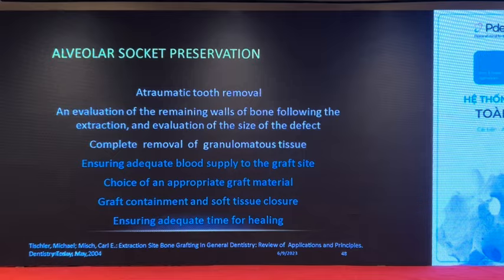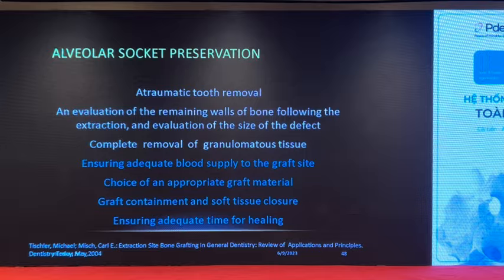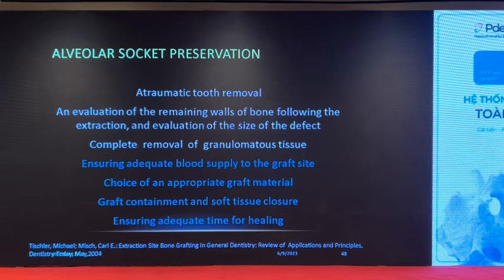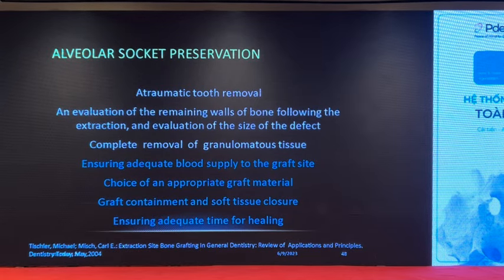Then, an evaluation of the remaining walls of the bone following the extraction and evaluation of the size of the defect. Complete removal of granulation tissue is the next step, and we have to ensure adequate blood supply to the graft site. We should choose appropriate graft material, graft containment and soft tissue closure, and ensure adequate time for healing.